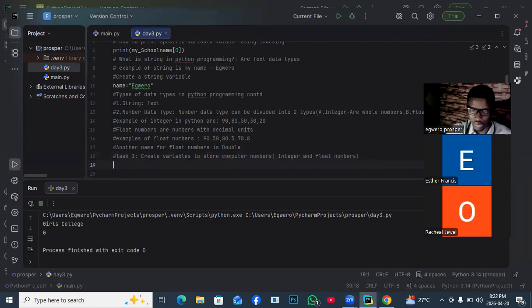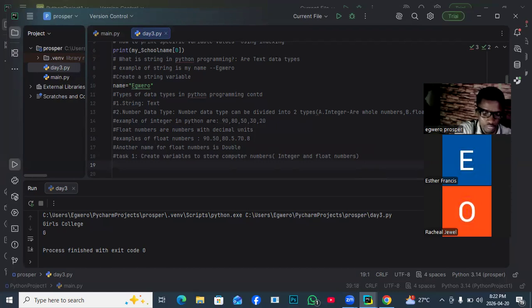Okay, so our first task is to create a variable that stores computer numbers such as integer and float number. Remember, we have learned what integer and float numbers are. Let's start with integer, which are whole numbers.